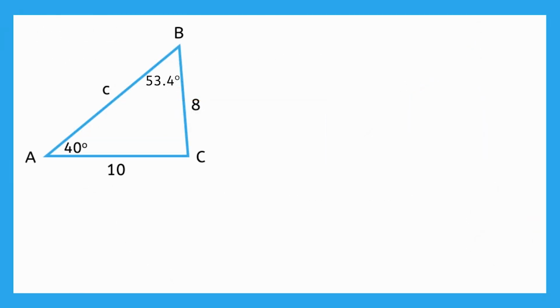Let's start with the first measure we found for angle B. If angle A is 40 and angle B is 53.4, angle C must be equal to 86.6 degrees. Do these angle measurements create a valid triangle? Yes, they do. So ABC is a triangle.